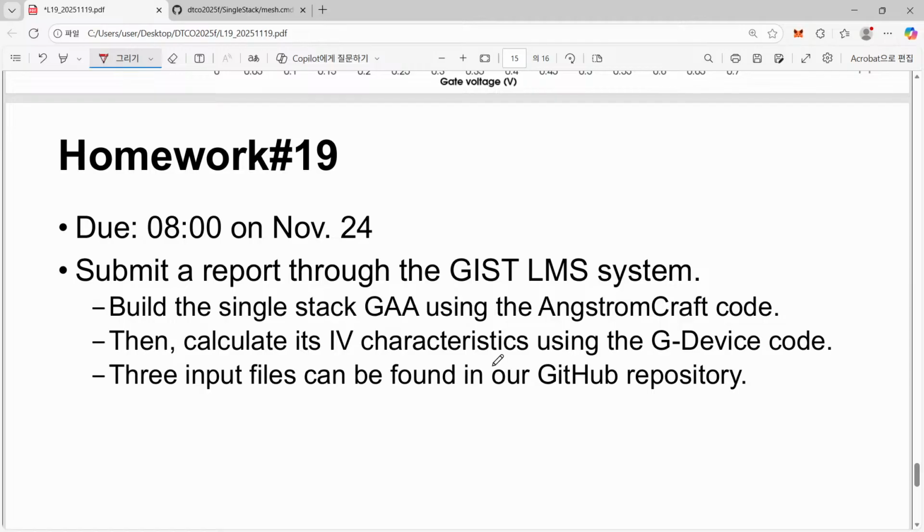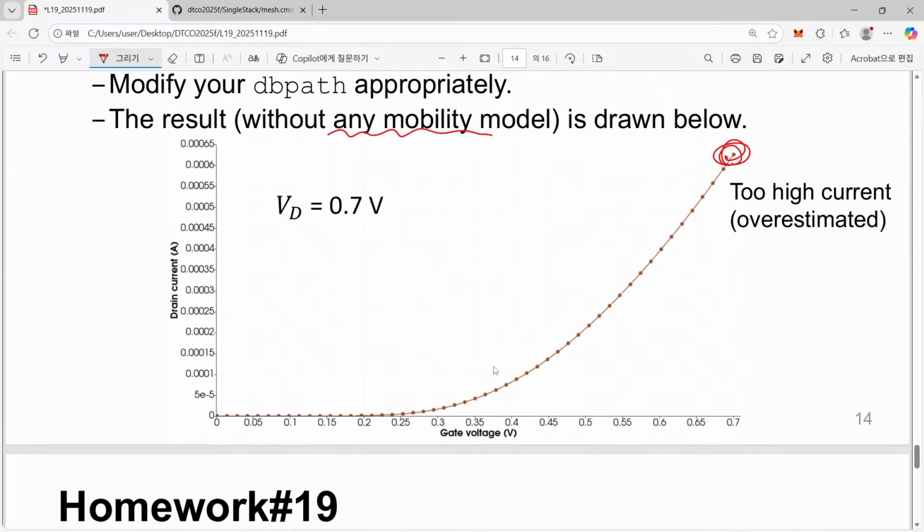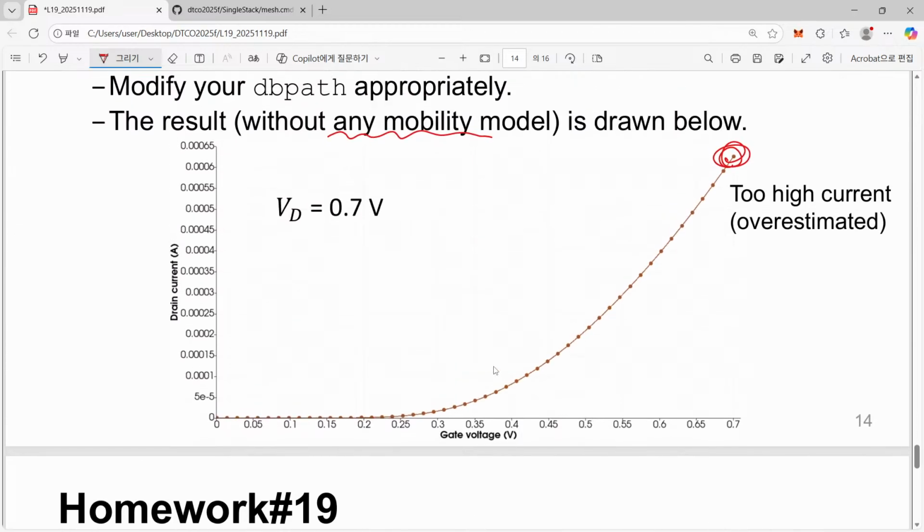Homework number 19 is so easy. Just take the 3 input files given in our GitHub repository and try to learn. However, after you do it, you will have highly overestimated IV characteristics.